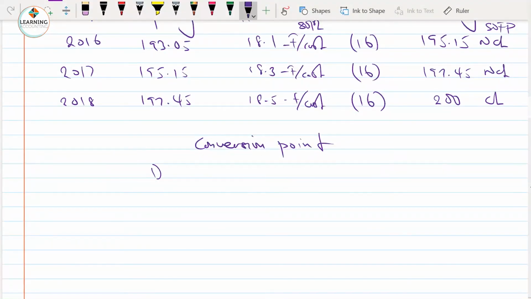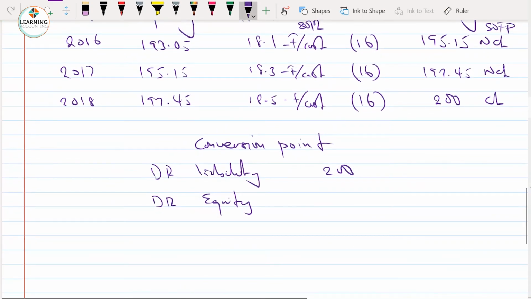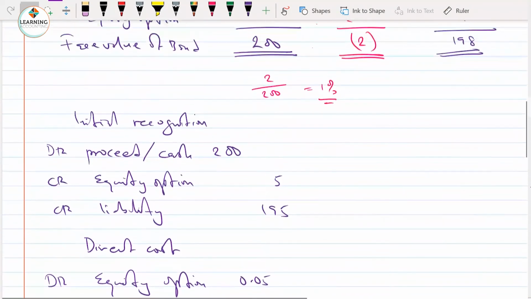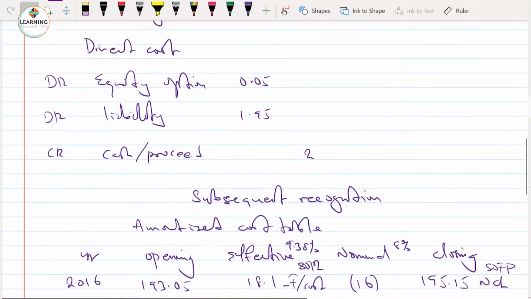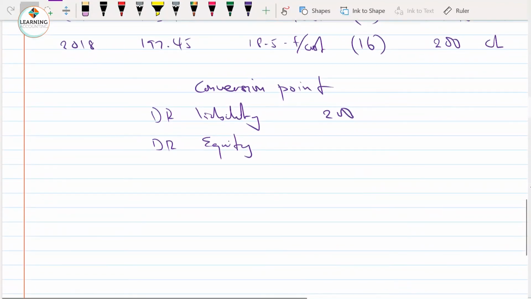In that light, we are going to debit the liability, because we are not going to be giving them cash anymore, 200. We are also going to debit the equity option. The equity option will be 4 point, let me quickly go up to show you again, that's 4.95 equity option. So we have 4.95, and then we credit share capital because we are now issuing shares.